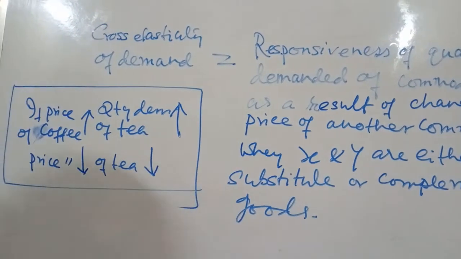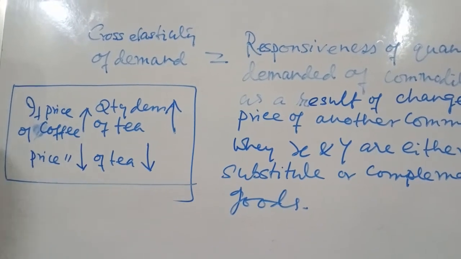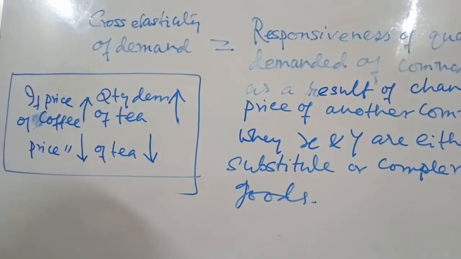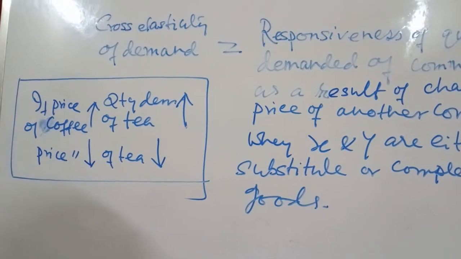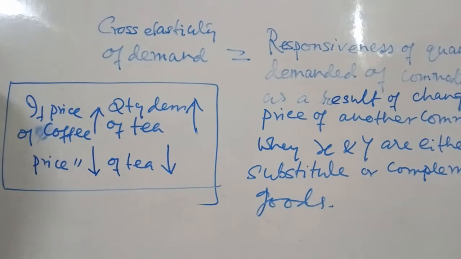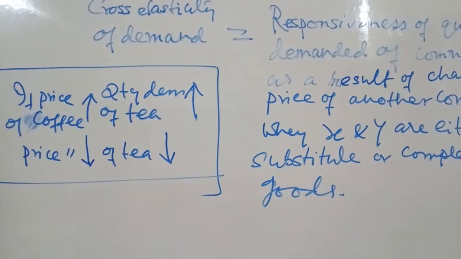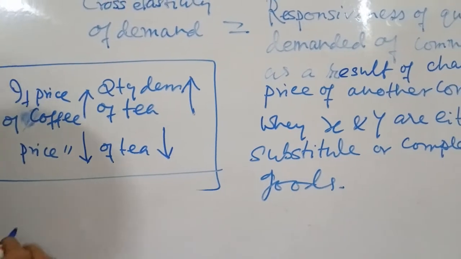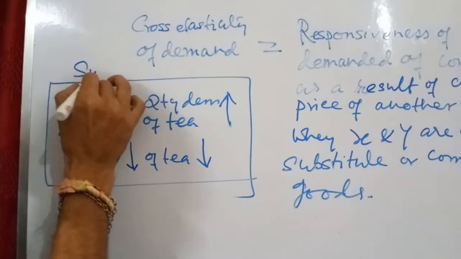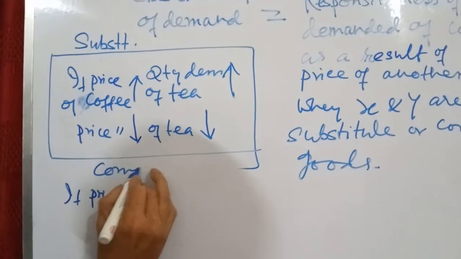On the other hand, when two commodities are complementary to each other, say for example petrol and car, if price of petrol increases, demand for car will fall, and if price of petrol falls, demand for car will increase. Why? This is substitutes and this is complementary.